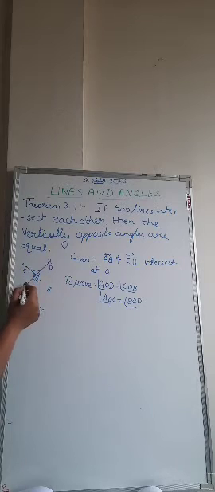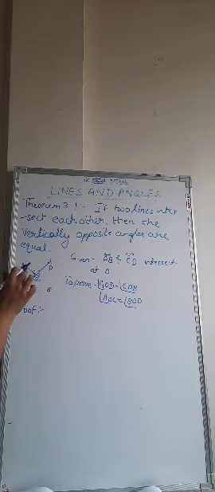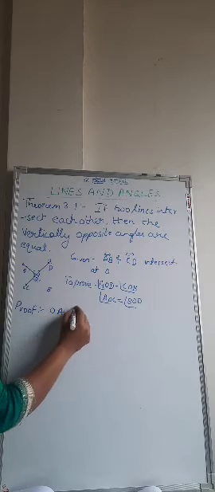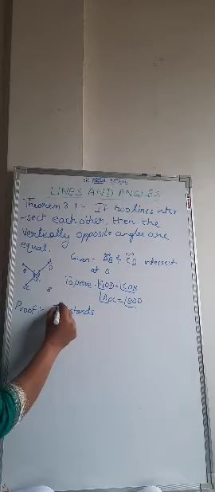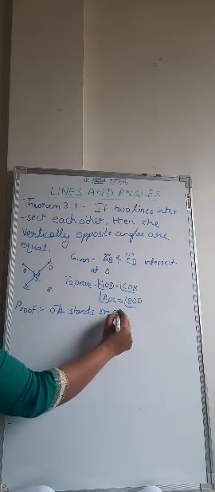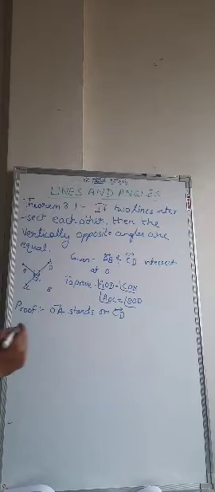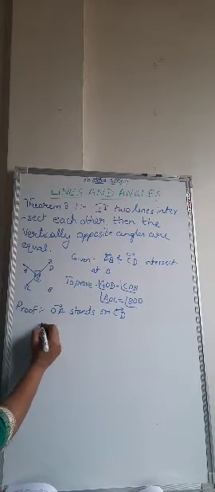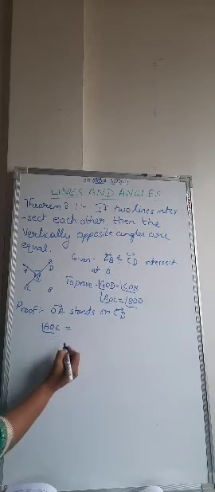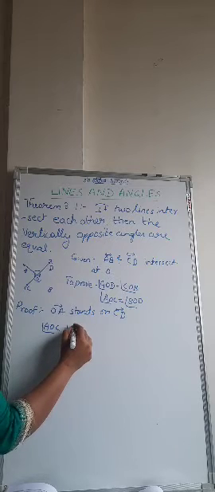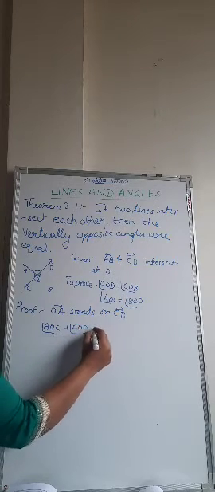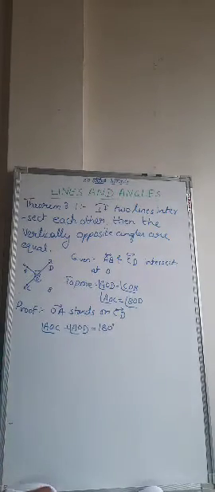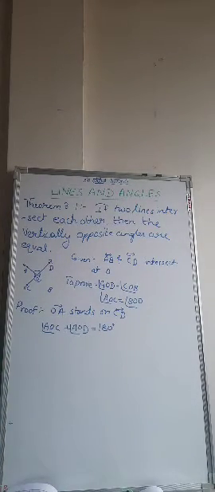OA ray stands on the CD line. So at point O, this OA makes two adjacent angles. OA, this ray, stands on CD. So when this is the case, according to axiom 3.1, angle AOC plus angle AOD is equal to 180 degrees. This is according to axiom 3.1.